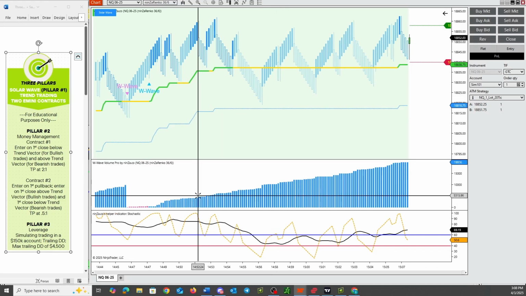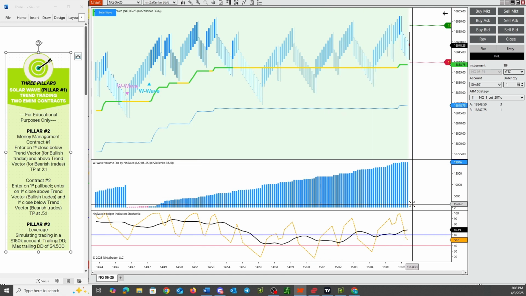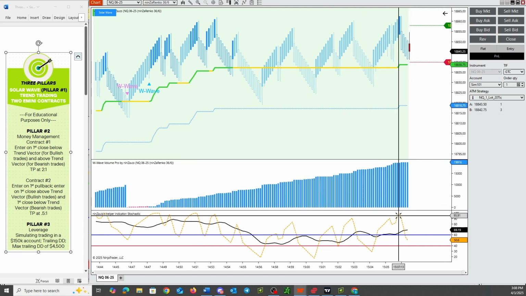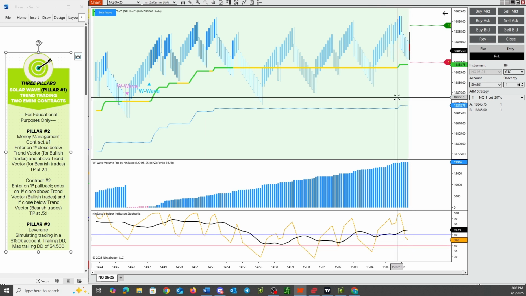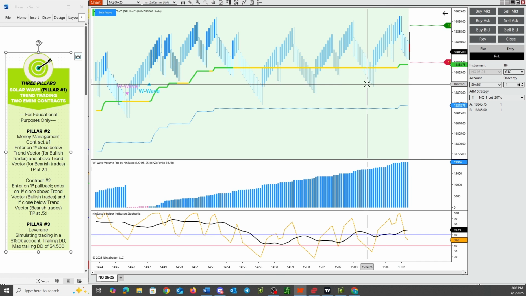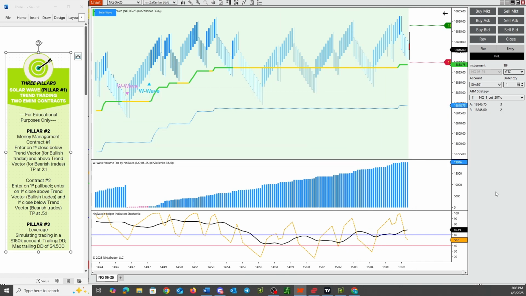But until this structure cracks, until that volume turns pink and falls off the edge, until this goes down below 40, and as long as this panel stays green up here, we're still washing back to the bullish side. Best to buy the up closes.